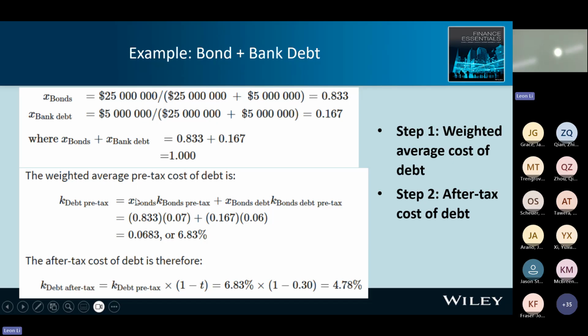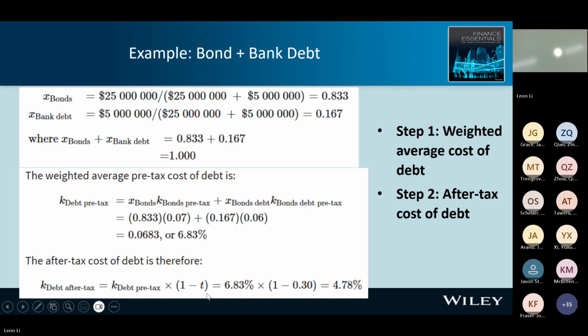So we have the weights, we have the cost of each type of debt. Right. So we have the weighted average. This is the number. So after we have the weighted average, our final step is the after-tax cost of debt is here. So we have this additional term, 1 minus T. T is our tax rate.